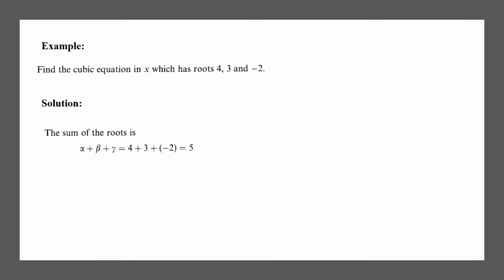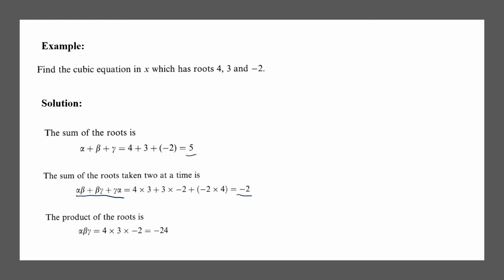So we know that the sum of the roots is alpha plus beta plus gamma. So we add all the three roots together and then we get 5. Then we do the pairwise product. So that is alpha beta plus beta gamma plus gamma alpha is equal to negative 2. Then the product of the roots, alpha beta gamma, is equal to minus 24.